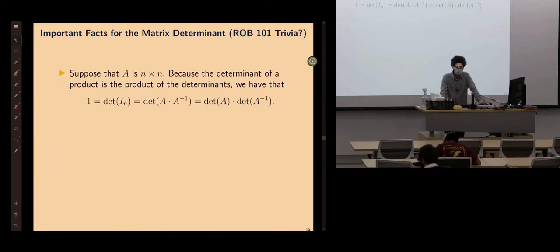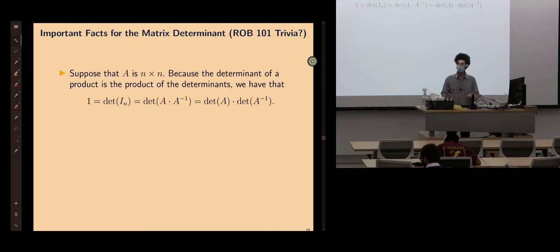All right, so a very important fact to put things together so far. Now we learned that the determinant of a product of matrices is the product of the determinants. We learned that A times A inverse equals the identity matrix.